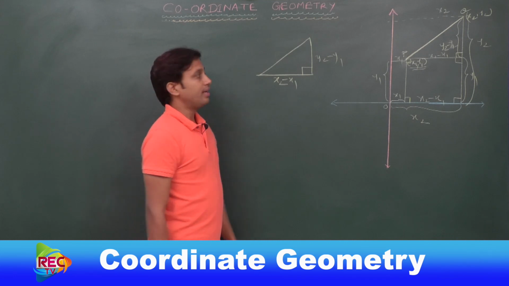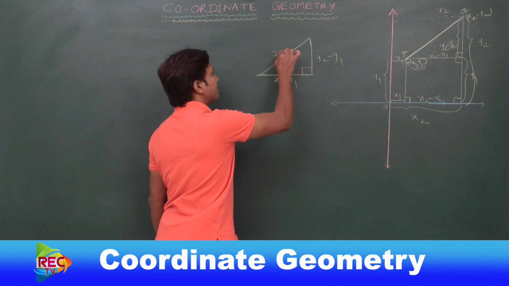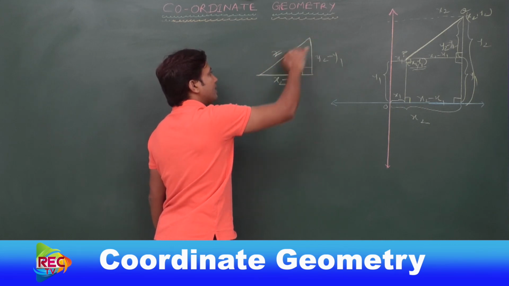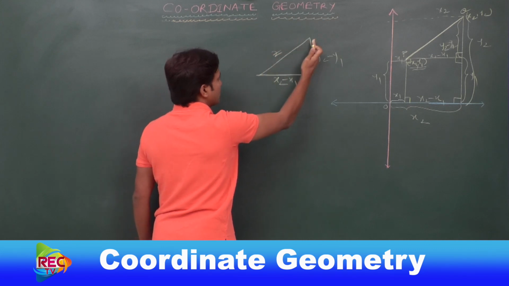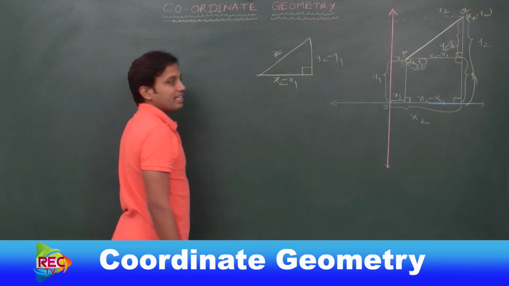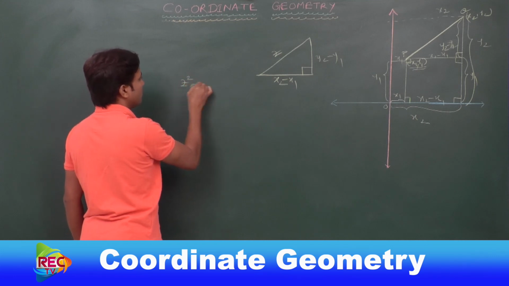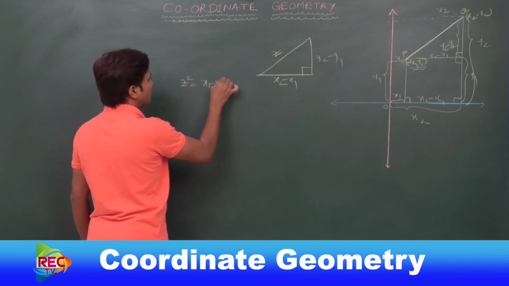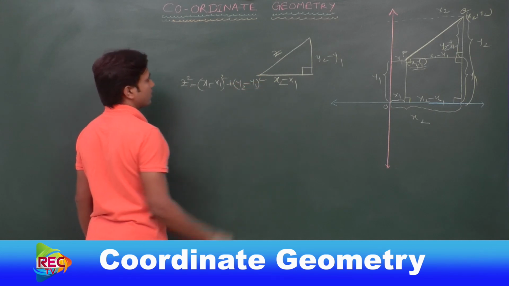Exactly. From this Pythagoras theorem, if you say this is z, then the square of the hypotenuse is equal to the sum of the squares of the perpendicular sides. So here z square is equal to x2 minus x1 whole square plus y2 minus y1 whole square.